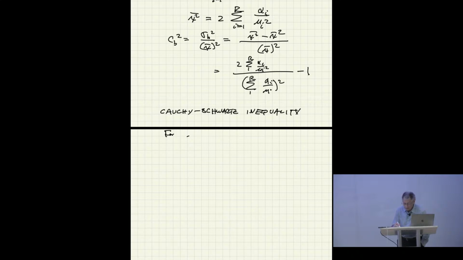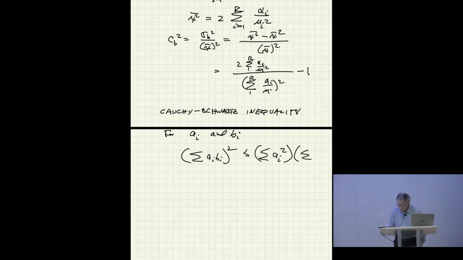For a sub i and b sub i, the summation of a i times b i, that whole thing squared, is less than or equal to the sum of the a i squares times the sum of the b i squares.